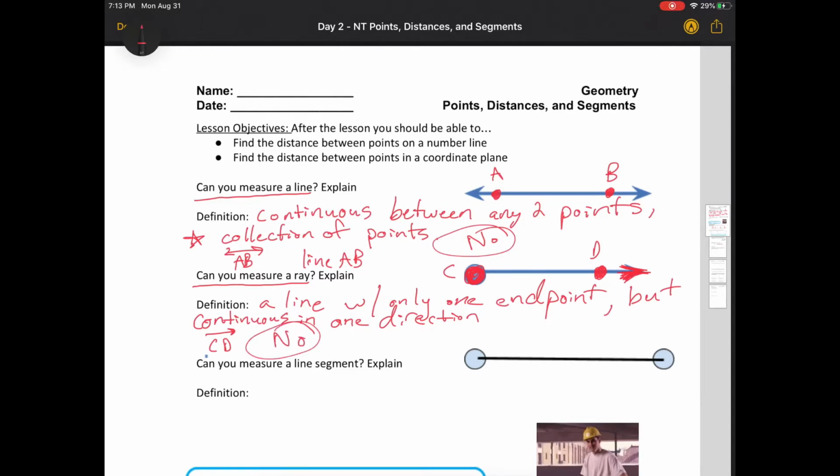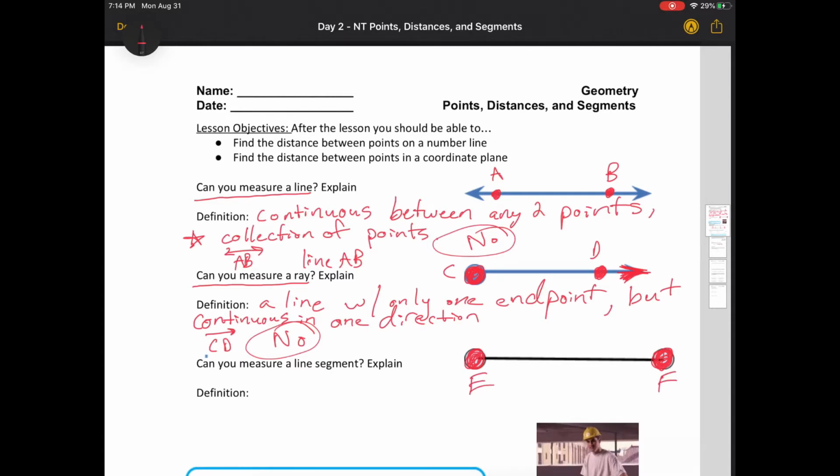Now, let's look here. The difference with a line segment is now we see 2 hard stopping endpoints. Can we draw points in between? Yes, but we see a definite end to this. So let's give these names first.